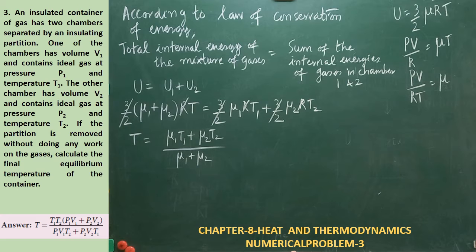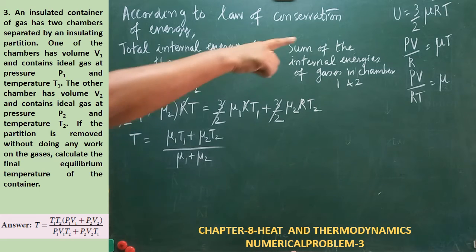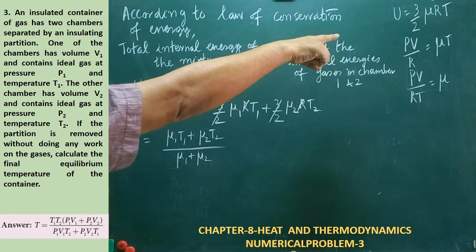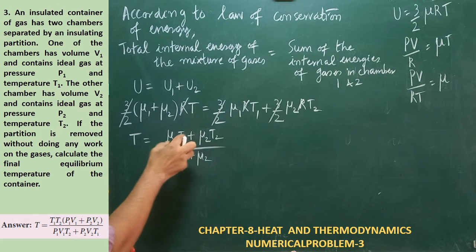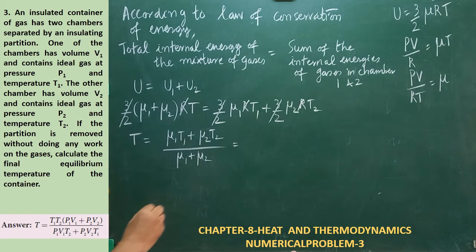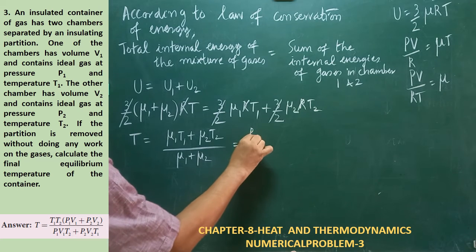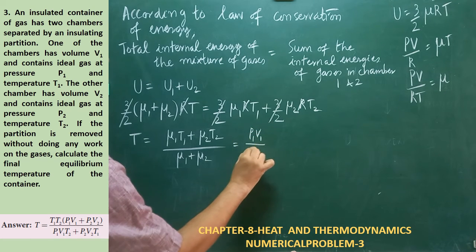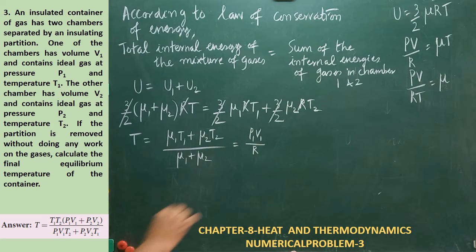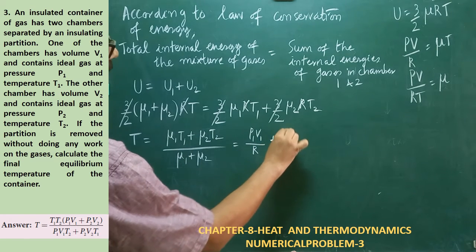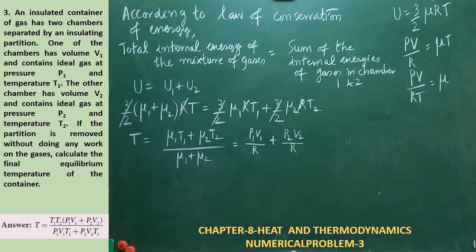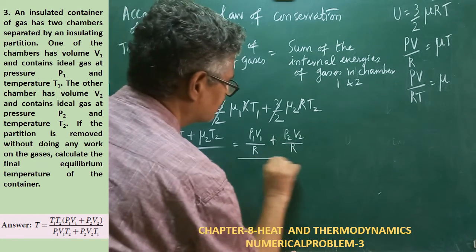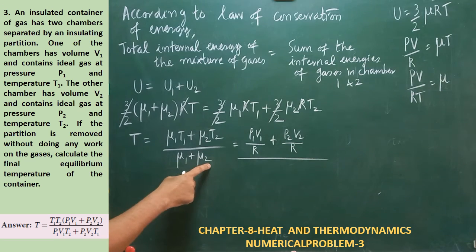Now we are going to learn one more thing, that conversion is kept ready: PV by R is equal to mu T. So mu T can be replaced by PV by R. For the first chamber, mu 1 T1 is replaced by P1 V1 divided by R. For this factor we can write P2 V2 divided by R. After that, in the denominator mu1 plus mu2 is there.